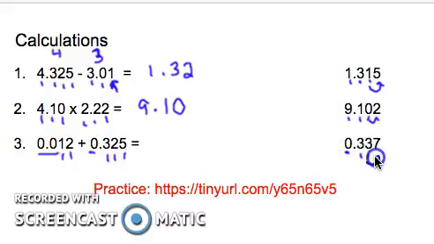So you would look to the number to the right, I should say. I think I said left earlier. You would look to this next number to see if you would round up, and yes, you would. I'm going to go ahead and put the 0 there because it is not a significant figure. So it does not count against it. So I will have 0.34 is the answer. You can see that we have a practice URL here.